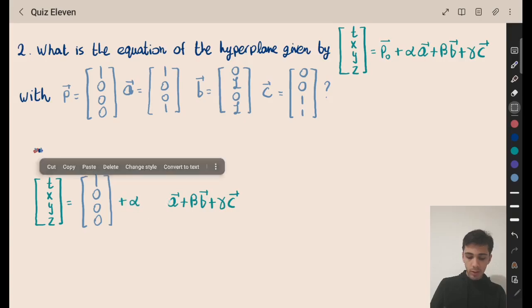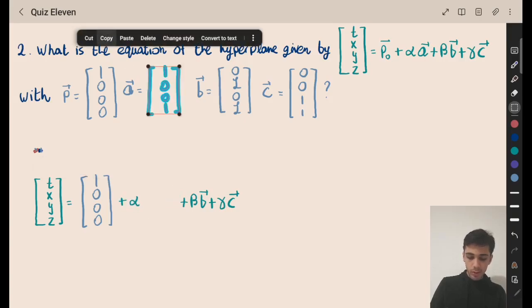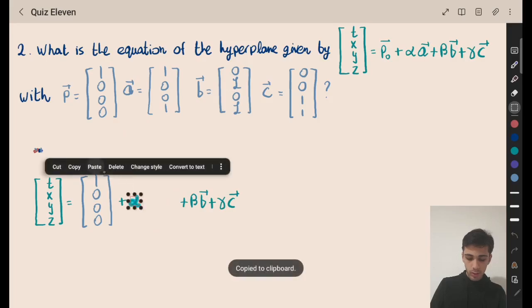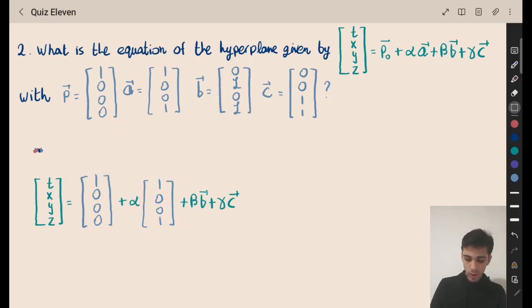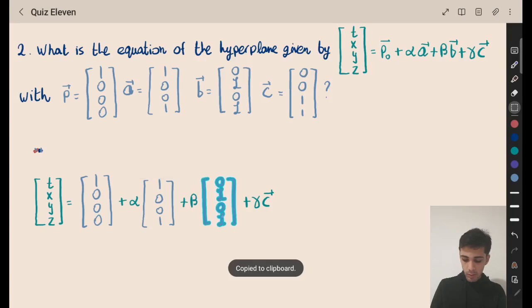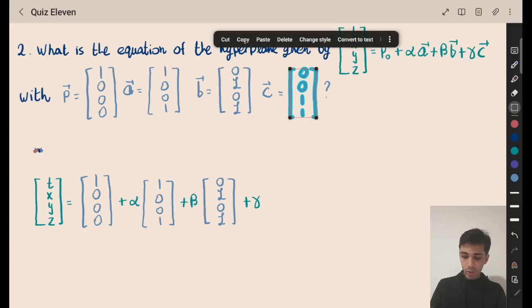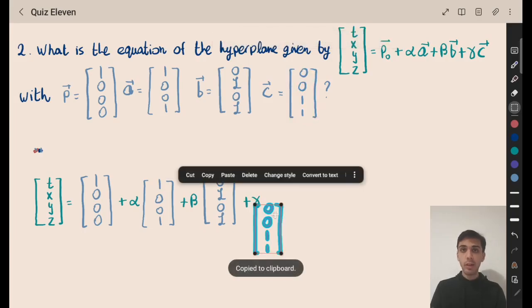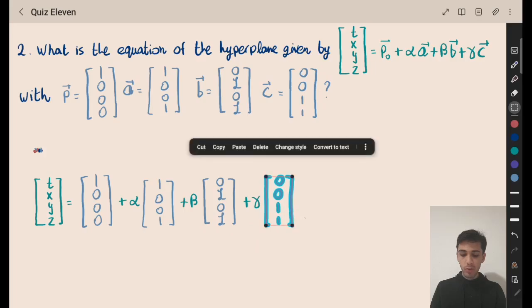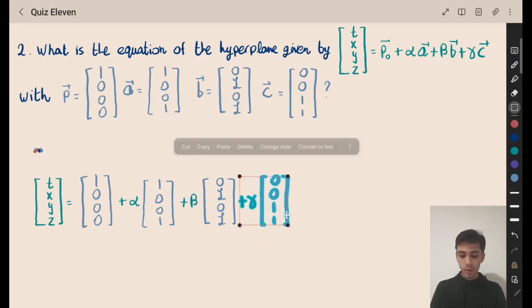Here I have a lambda. I'll remove the a and I put this. I do the same thing for the other vector variables. Alpha, beta, and gamma are just scaling constants.